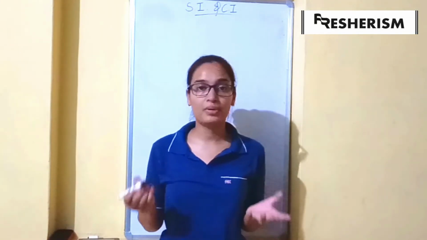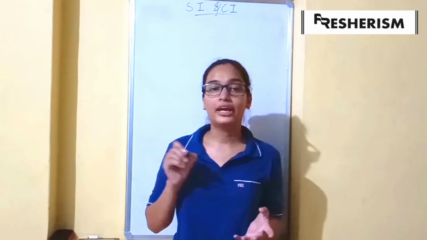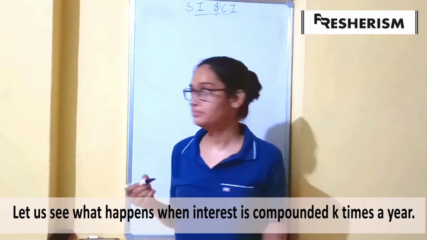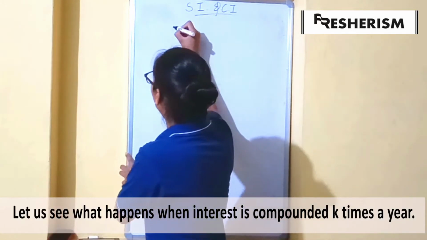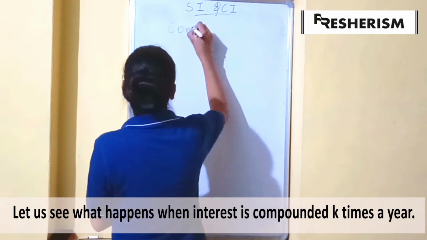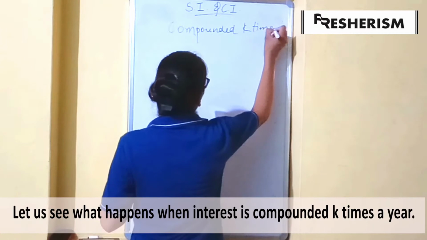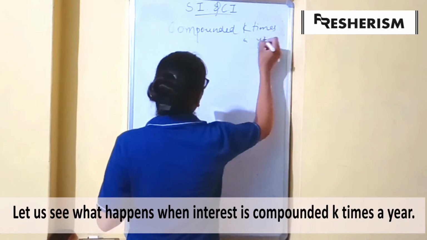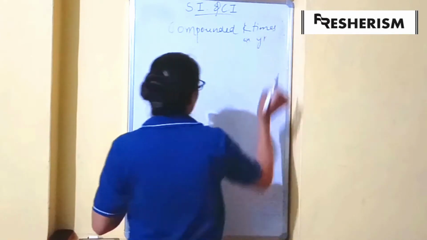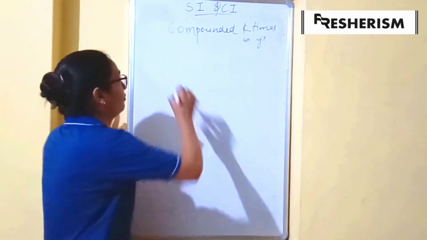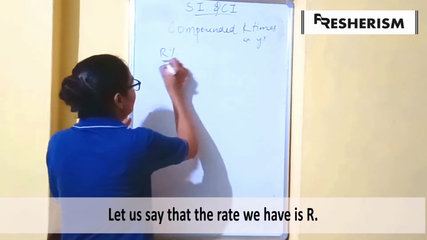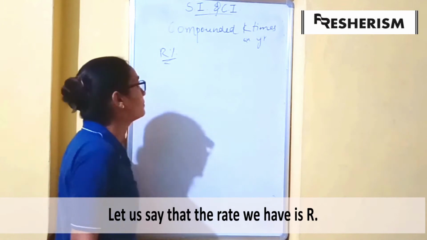How to find the compound interest when the interest is compounded k times a year. So interest is compounded k times a year. In this, say we have r percentage as the rate of interest.